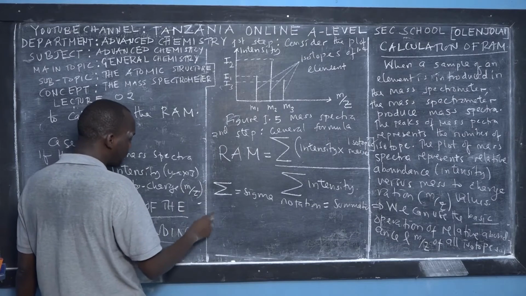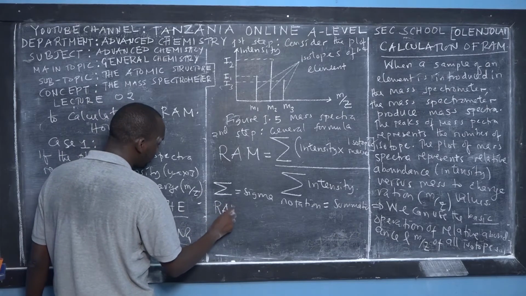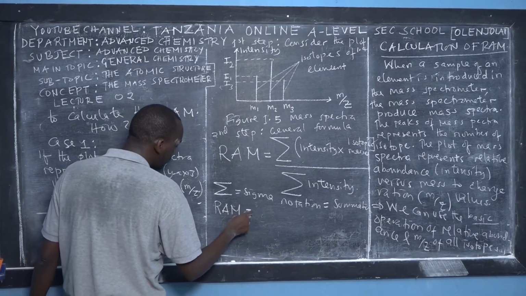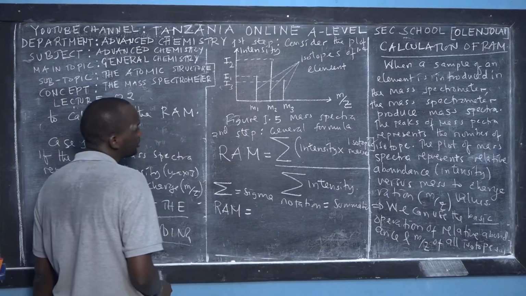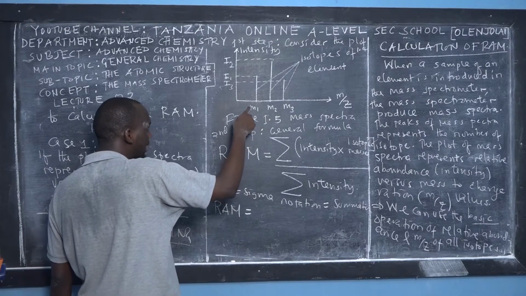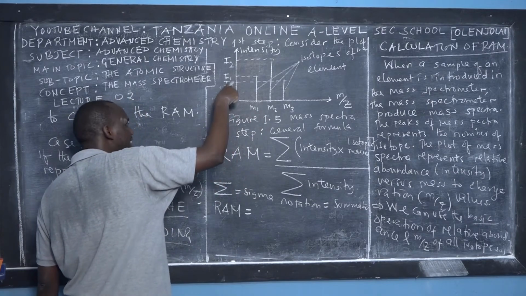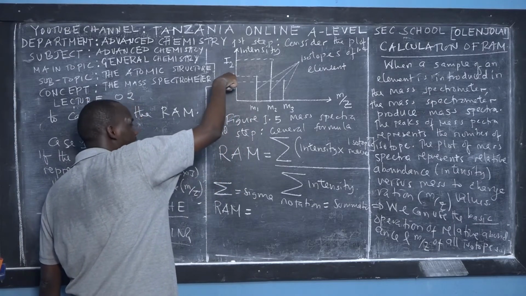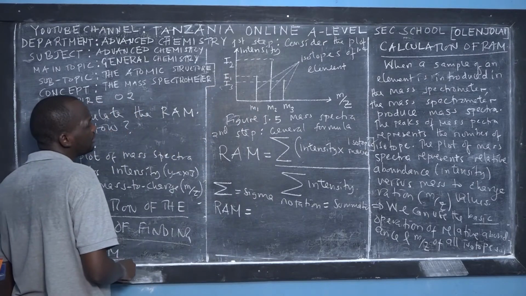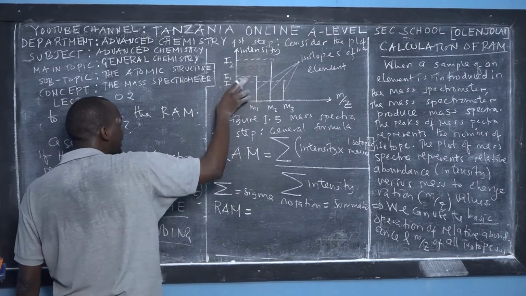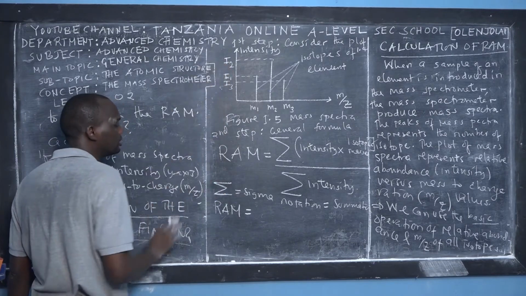So then, for example, the relative atomic mass in the plot 1.5 will be the sum of the product between intensity of the isotope and its mass to charge ratio, divided by the sum of these intensities.